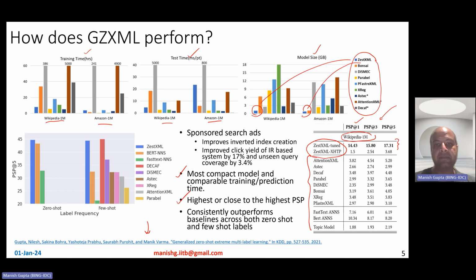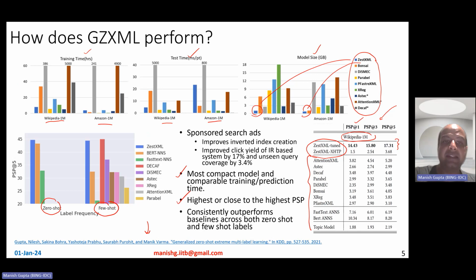PSP typically focuses on the tail, so this means that on the tail you're getting way more accurate results. Now, if I look at zero-shot labels versus few-shot labels, this is the same performance for the Amazon dataset split into two kinds of labels: zero-shot labels and few-shot labels.